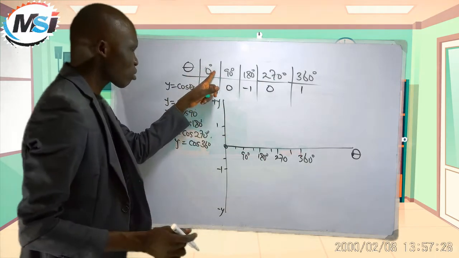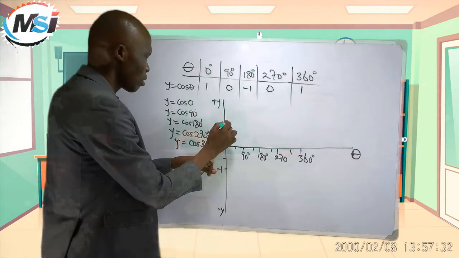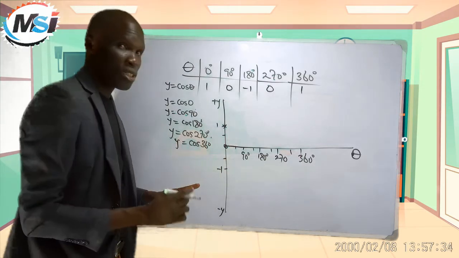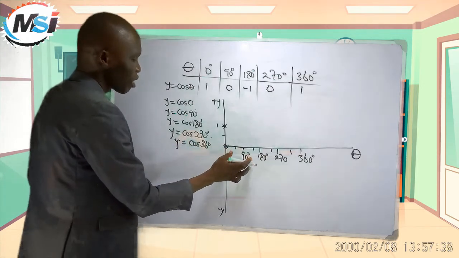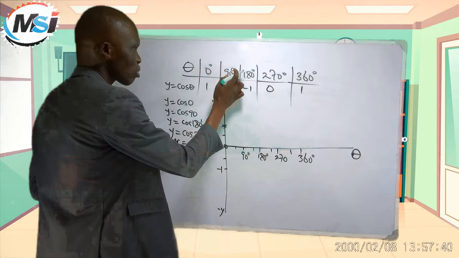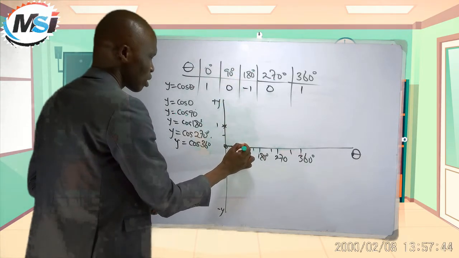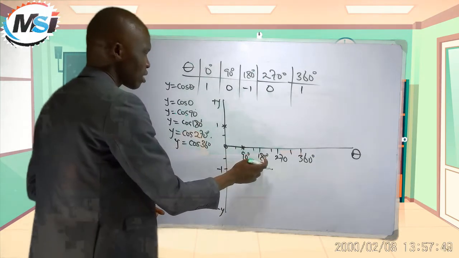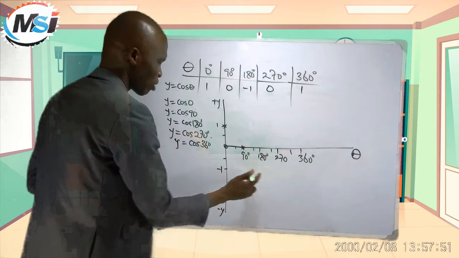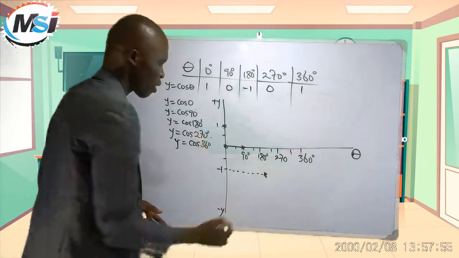Now from here we can use this table. When theta equals 0, y equals 1. Can you see the difference from the one we plotted the other time? Then when theta equals 90, y equals 0. 180, y equals minus 1. You bring it down. This is minus 1.